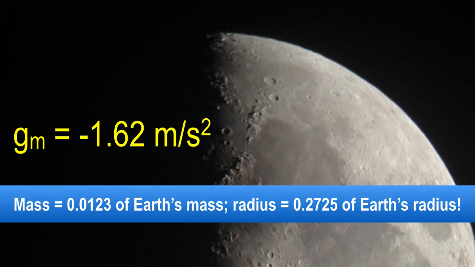It's 27.25% of the radius of Earth. So that's why it's weaker. Okay? And now, if it was really a lot smaller than this, it might actually have really strong gravity. But normally, a planet or a moon formed of rock is going to be pretty close to this.